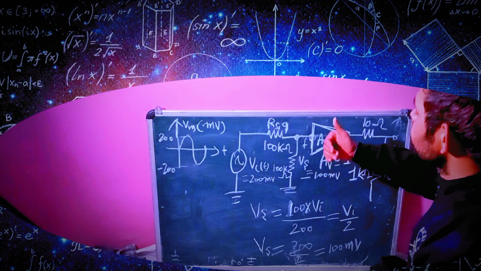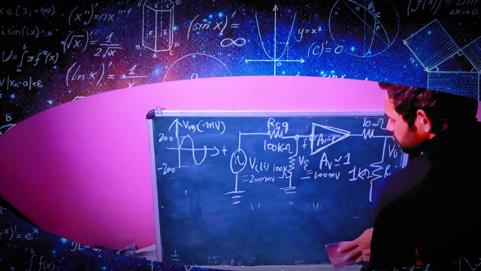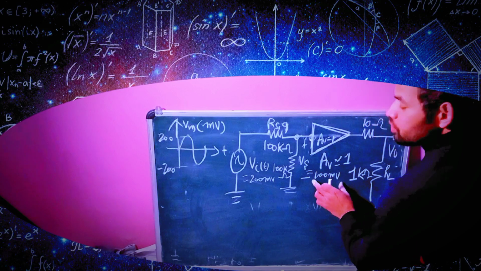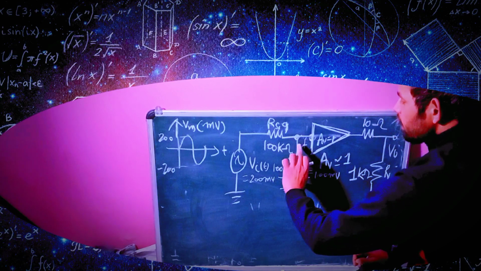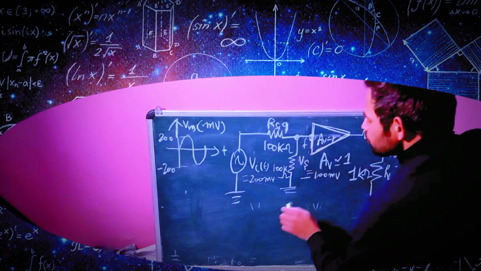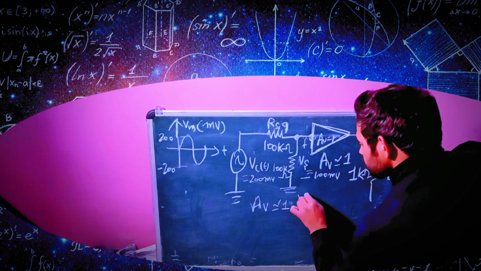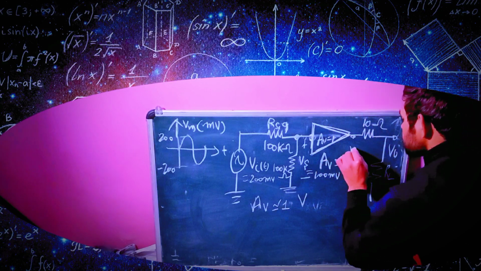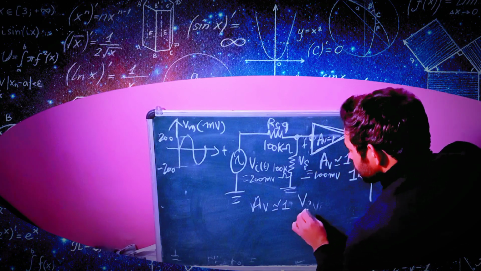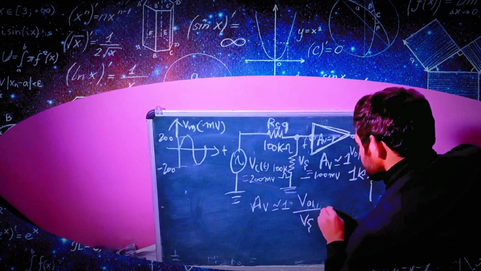So we got 100 millivolt across the input resistance of the voltage buffer. Now see, the gain of the voltage buffer is approximately equal to 1. Let's say the output voltage here is V01. So V01 divided by Vs is equal to 1.